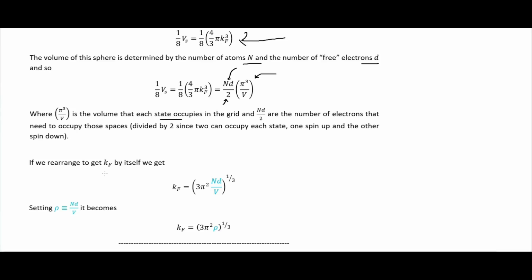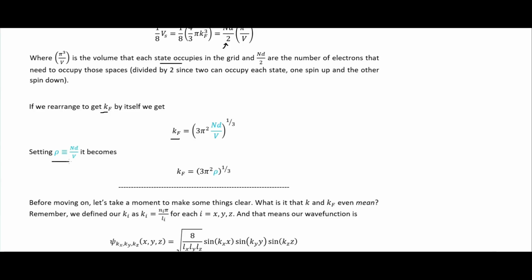If we rearrange it to get kF by itself, we get this. And remember, kF is sort of the vectors that go all the way out to the outermost occupied shell of states there. And so then we just define rho as this nd over v, and so we get this as our kF.